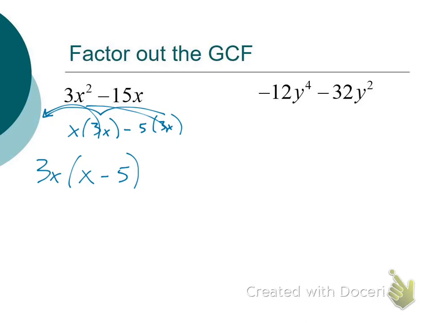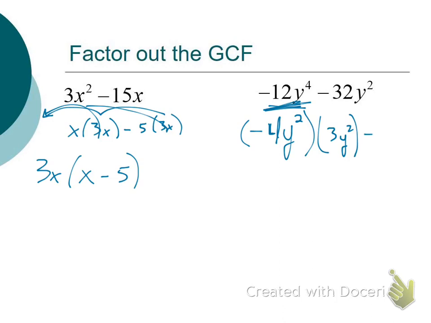The greatest common factor for this other binomial over here is going to be negative 4y squared, right? Because I could rewrite this as negative 4y squared times something, and I can rewrite this as negative 4y squared times something. I don't want to make the GCF confusing at all, but again, I think it helps if we see it like this as far as what we're going to do in just a second. So if I rewrite this term as negative 4y squared times 3y squared, that will give me negative 12y to the fourth.